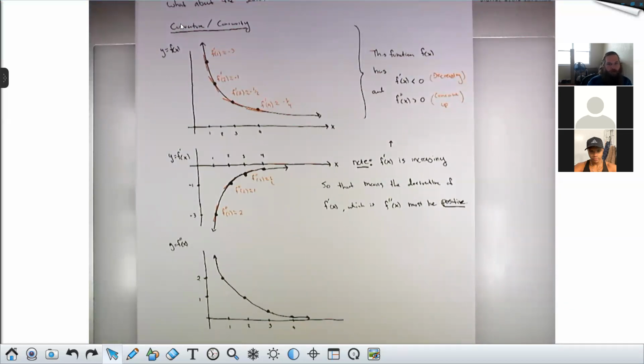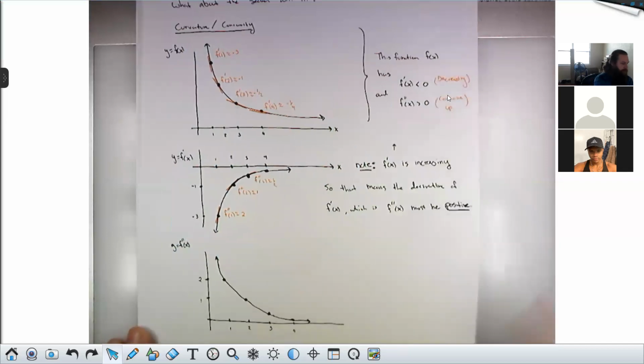But the main idea is that from this graph, we're able to deduce two things. That f prime's graph looks like this. Specifically, f prime is everywhere negative. But that f prime is itself increasing, which means f double prime has to be positive. So f prime is negative because we're decreasing, and f double prime is positive, which tells us that we are concave up.